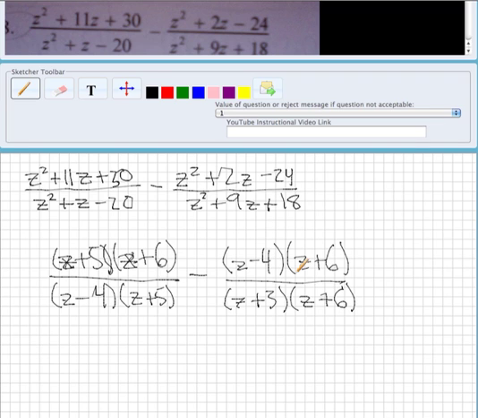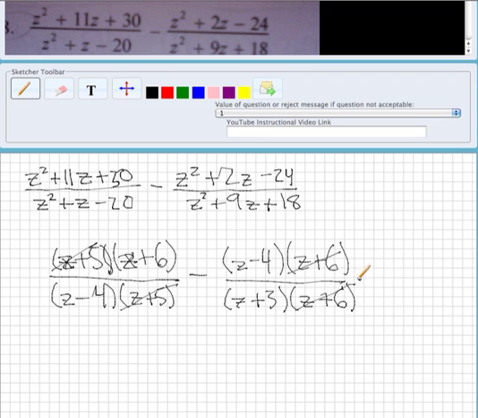Now, we could do some canceling out right now, and it actually is going to be a little bit easier if we do. So on this one, we can cancel out this and this right here on this fraction, and this on this fraction. So what we really need to worry about here is now z minus 4 needs to be over on this side.